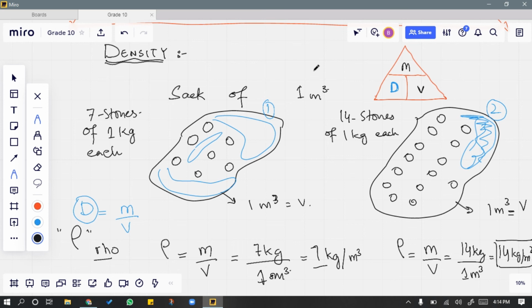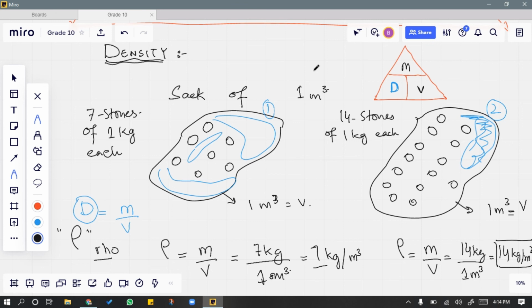This is the best method of memorizing your density formula. Sometimes students forget this formula, so don't worry about forgetting it. Just memorize this triangular shape and you can find the density formula, mass formula, or volume formula in terms of any question they ask.